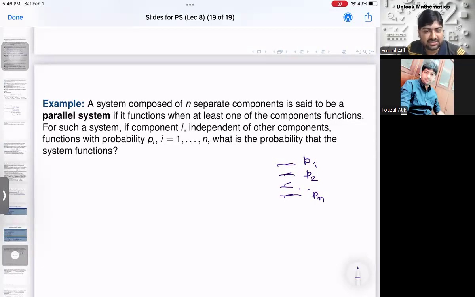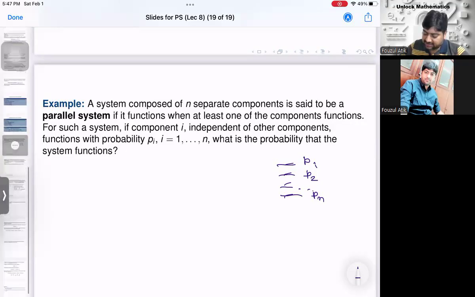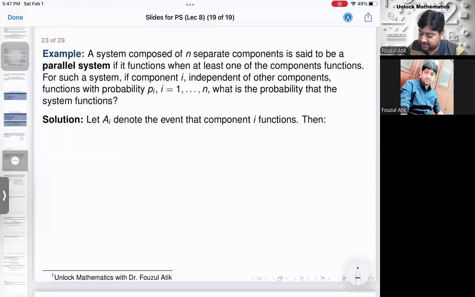Now the question is, what is the probability that the overall system functions? So let us assume that A_i denotes the event that component i functions. A_i is one particular event, the component i. What do you mean by A1? A1 is the event that the first component is functional.